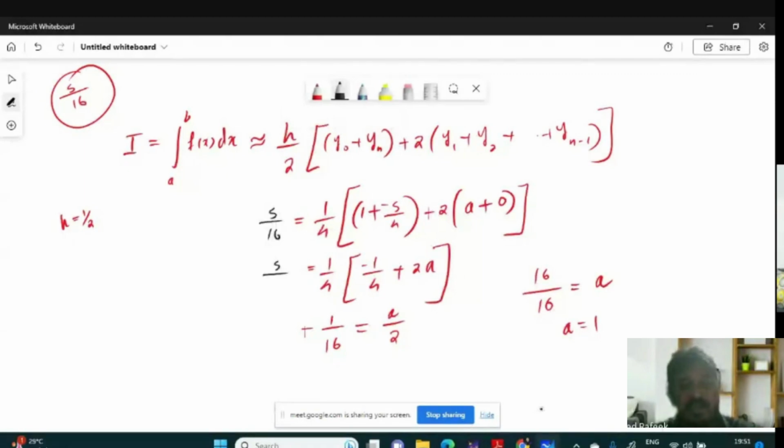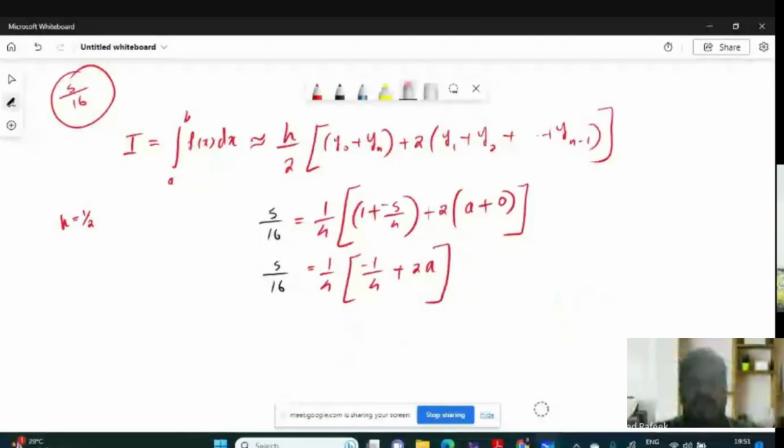Then 5 by 4 will come. If this and this cancel, it becomes 5 by 4 equal to minus 1 by 4 plus 2a. This becomes 6 by 4 equal to 2a, a equal to 6 by 8, that equals 3 by 4. Yes, a equal to 3 by 4.